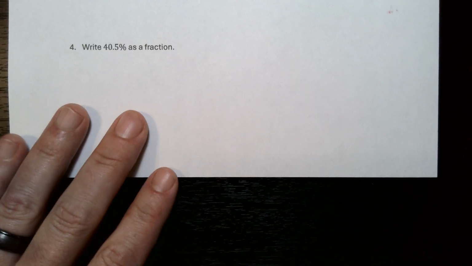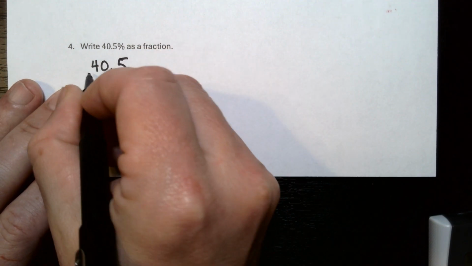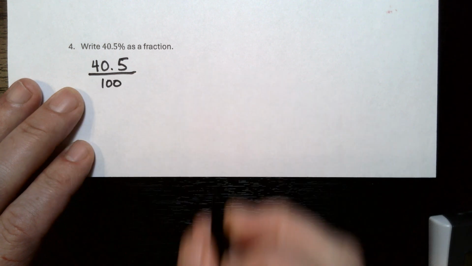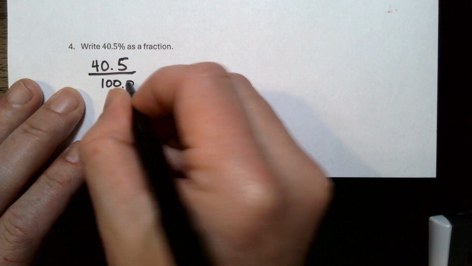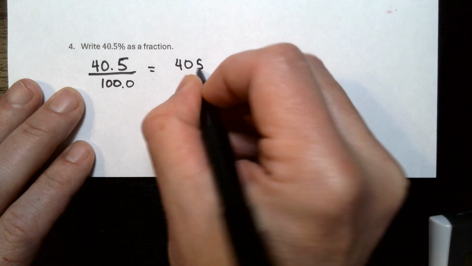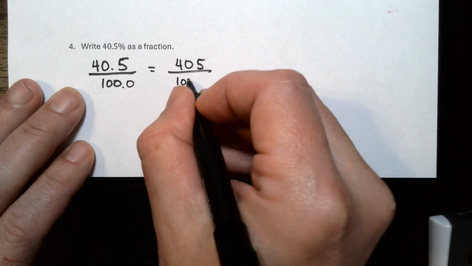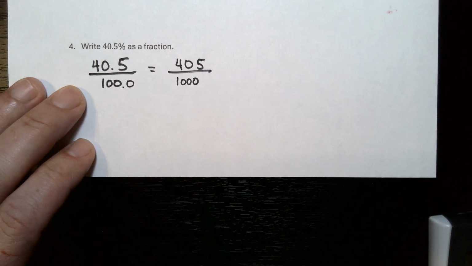Okay, let's do one more. Okay, so we've got 40.5% as a fraction. Instead of 40.5%, I'm going to write 100 on bottom. Okay, I will move the decimal place once, so it will become 405. If I move that once, and on the bottom, move it once, it becomes 1,000. Okay, let's divide this by 5.